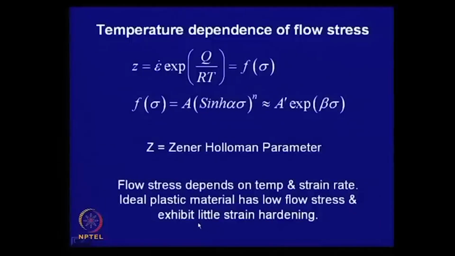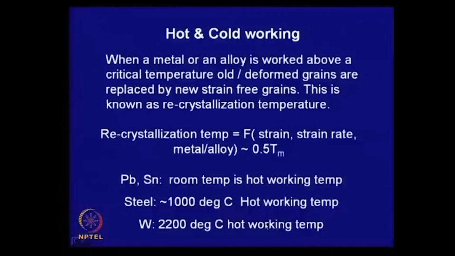At higher temperature, therefore, the stress is also very low and the material shows very little strain hardening. Usually we find there is a critical temperature. For a metal at room temperature there is strain hardening, but as you increase the temperature, the deformed grains are replaced as you keep deforming.